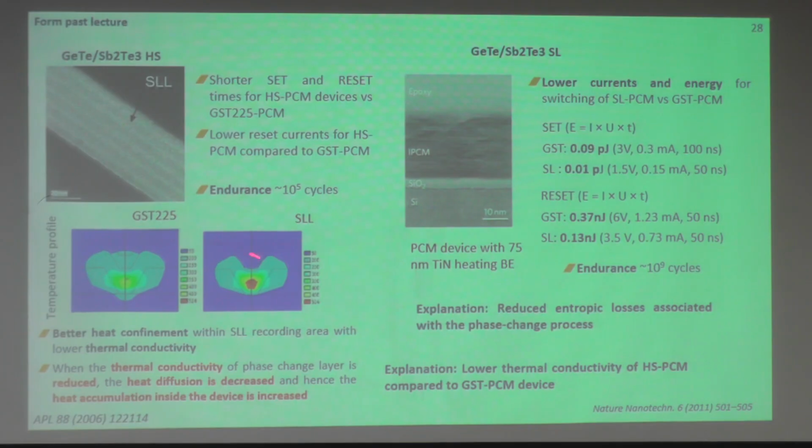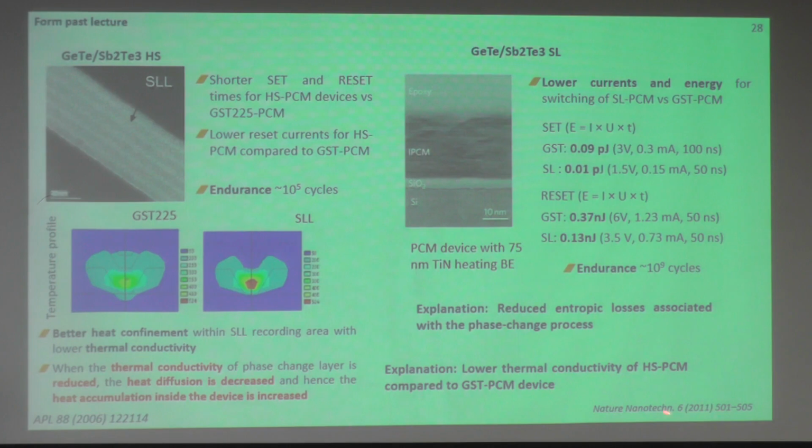It is very large here, and small and confined here. They explained the better performance, in the sense of shorter set and reset times and low reset currents, by the low thermal conductivity of such heterostructures compared to GST PCM devices. But here again the endurance is still a bit of an issue.